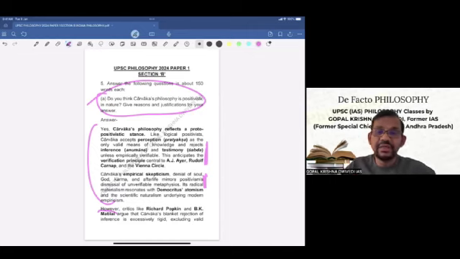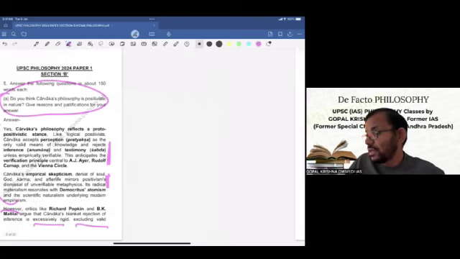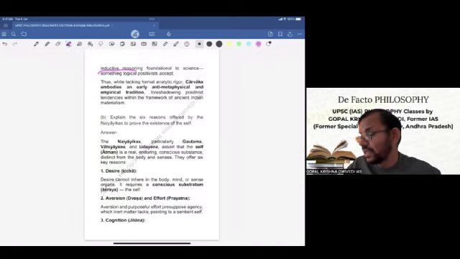We'll see next. Now we are trying to bring some critical view also. However, critics like Richard Popkin and B.K. Matilal argue that Charvak's blanket rejection of inference is excessively rigid, excluding valid inductive reasoning, foundational to science, something logical positivists accept. So here it is a difference with positivism.